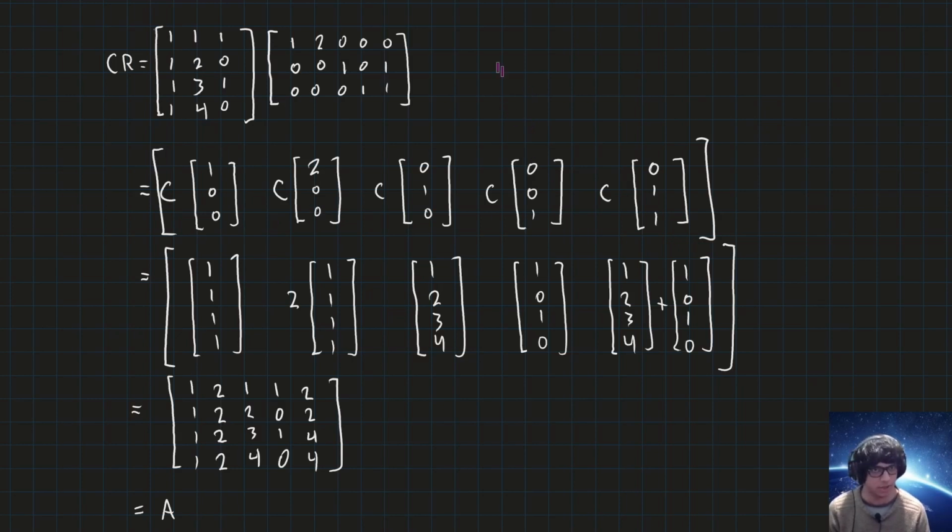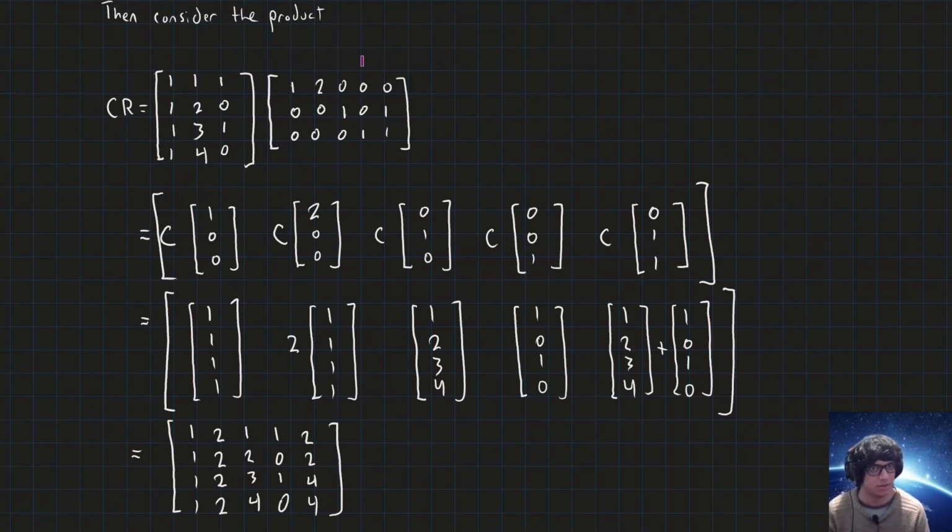I'll emphasize again that the reduced row echelon form of a matrix encodes a lot of information. The pivot positions tell you which columns of the matrix are the important columns that form a basis of the column space. So these columns here.